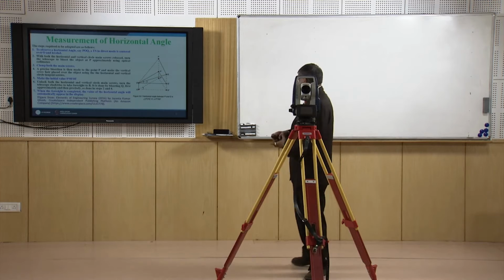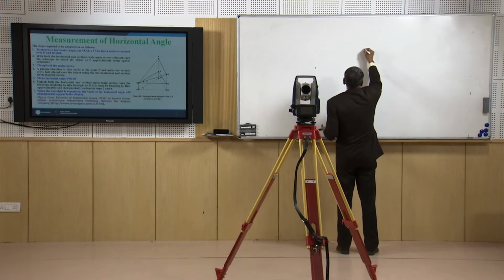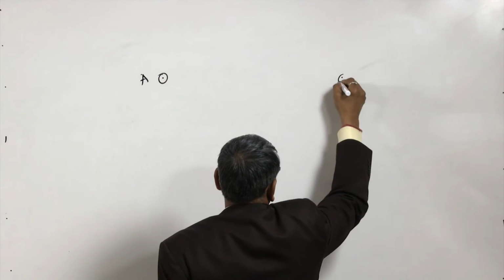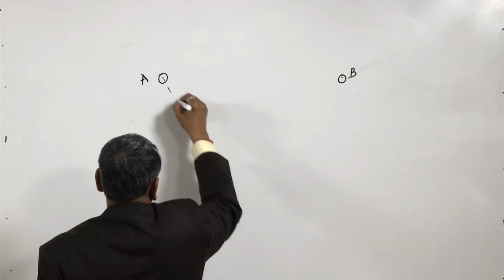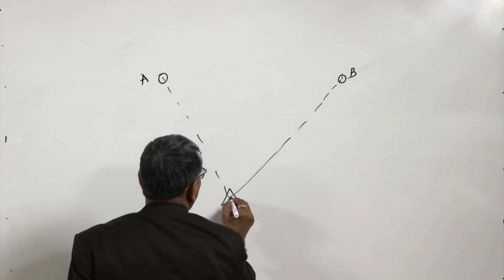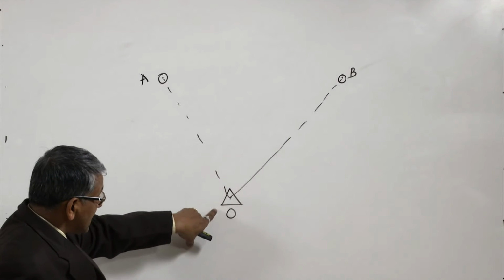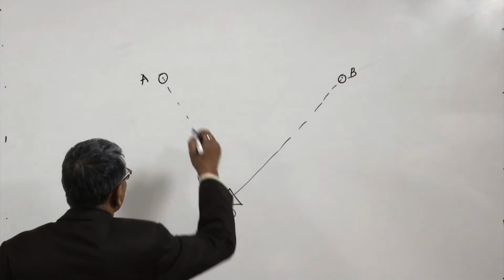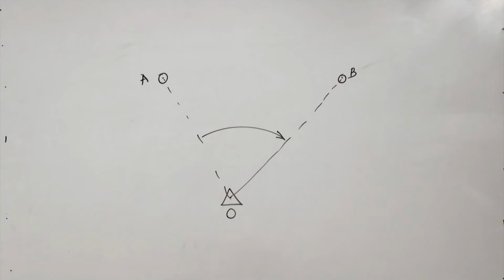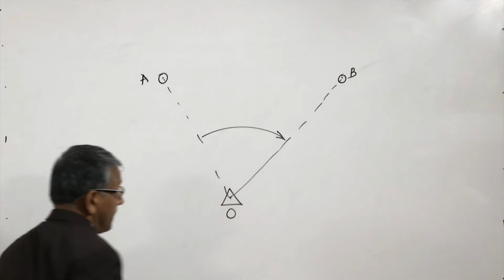Now suppose there are two targets, A and B, whose angle we want with reference to our instrument station O. Our instrument is set up on station O. We want to find out the horizontal angle between A and B with O as the instrument location.